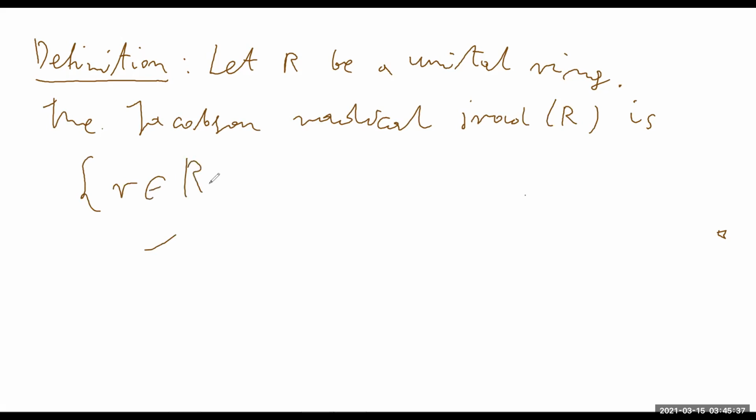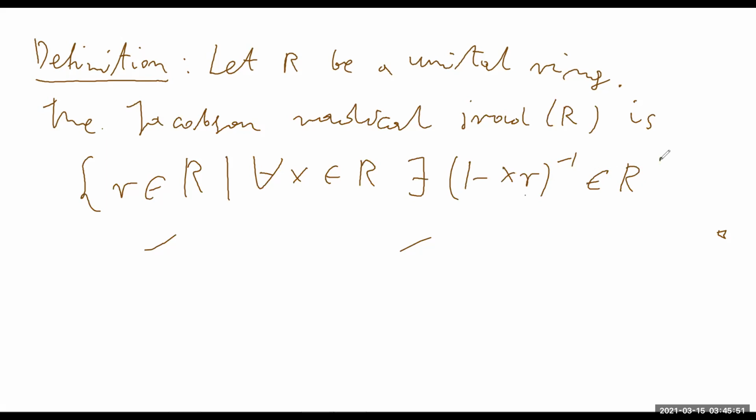Take all elements r in the ring R which have the property that for all x in R, there exists the inverse of 1 minus xr. Okay? So this is where we will stop for today with this definition.